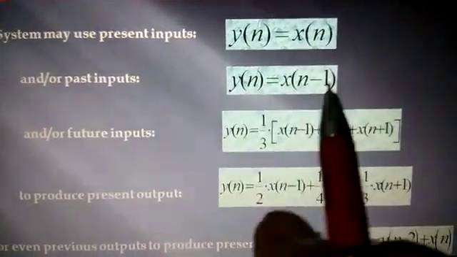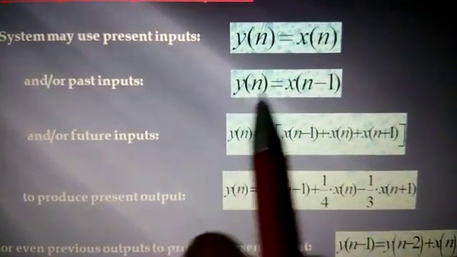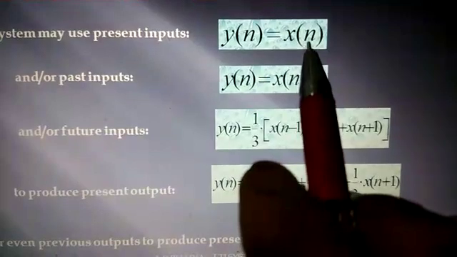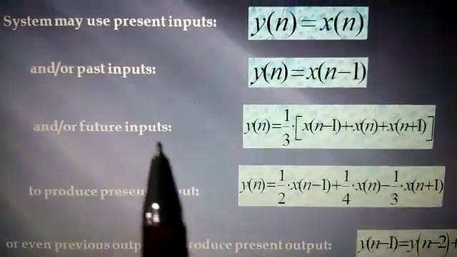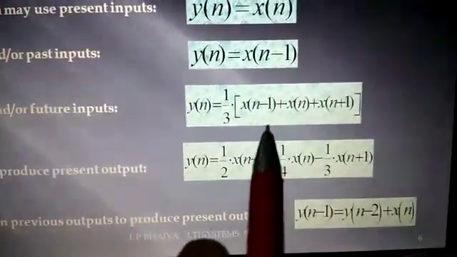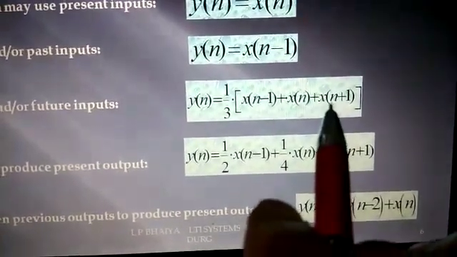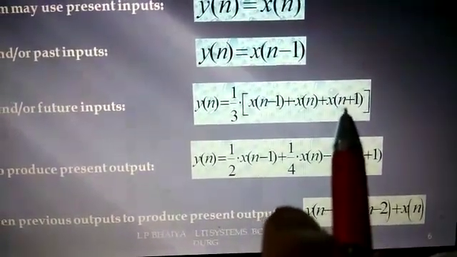These are called past inputs, so the output is dependent on the past input. Here the output is dependent on the present input. And there are future inputs. Here you can see x of n plus 1 is there, so this is the future input.